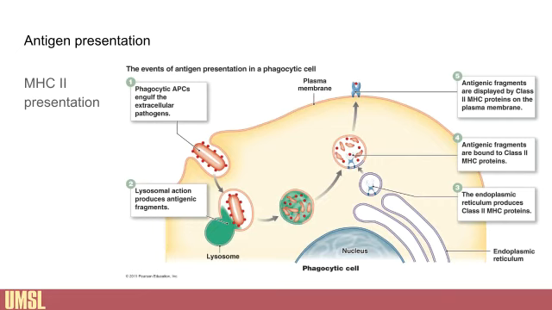A bit more important for what we want to talk about today is this canonical process that happens for phagocytic cells like macrophages and dendritic cells: they are going to basically take up a pathogen into a vacuole. Lysosomes in these phagocytic cells will fuse with these vacuoles.